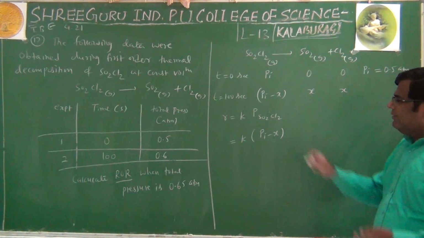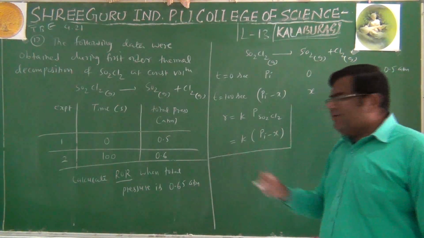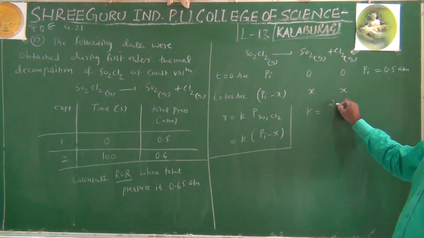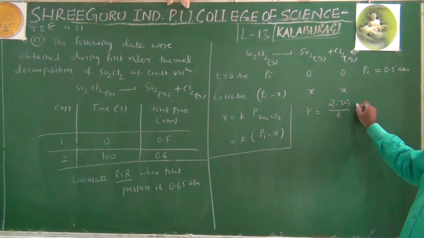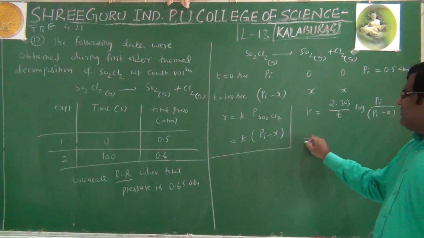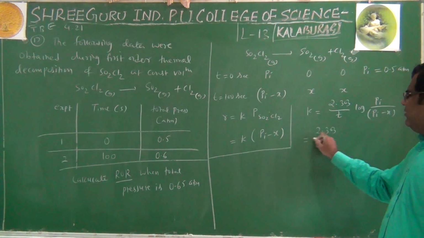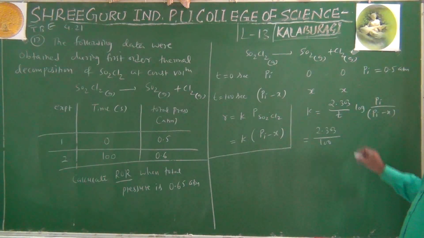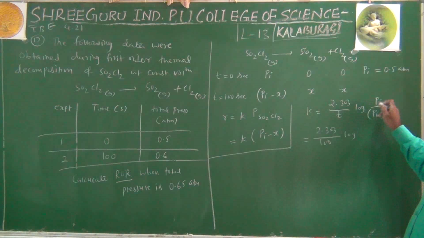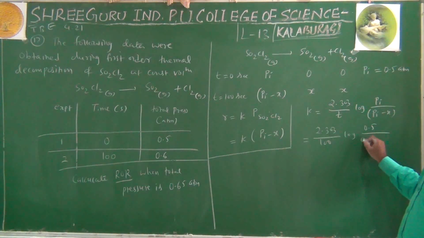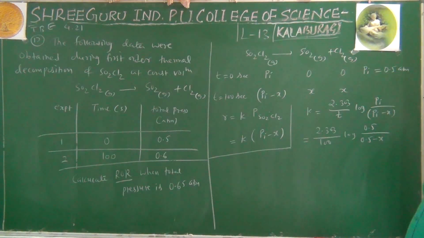How to calculate that? First we will calculate K. K equals 2.303 by t log of Pi divided by Pi minus x, so 2.303 by 100 seconds, log of Pi, which is given as 0.5, divided by 0.5 minus x.